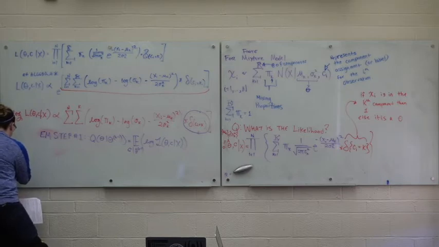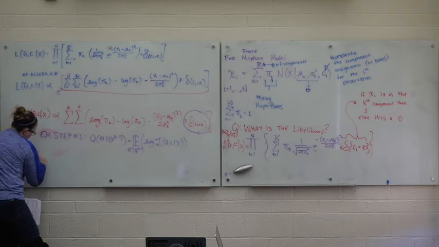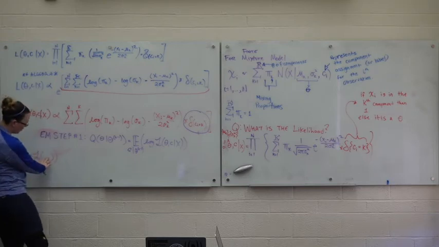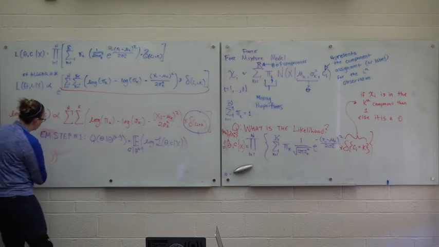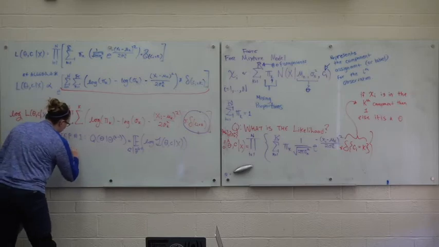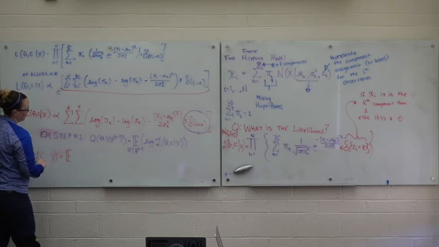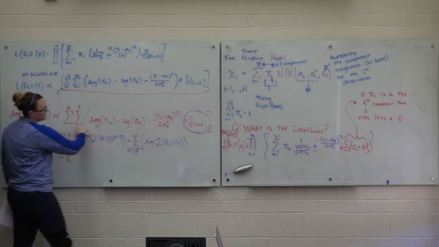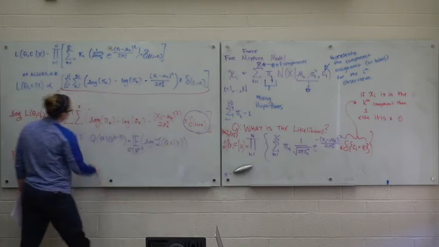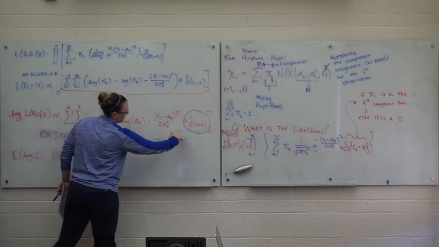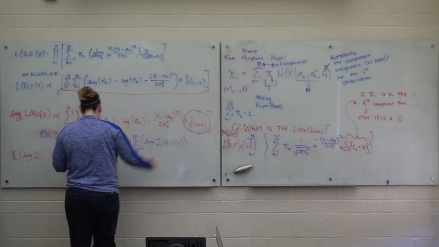So, expectation of our log likelihood. Pardon my shorthand there, you guys. Now, if we're going to take this expectation, we have to recognize something. Since the C only appears here, our expectation can carry all the way until here.